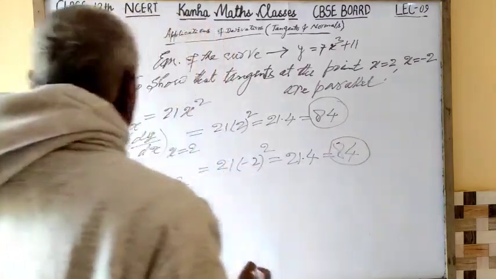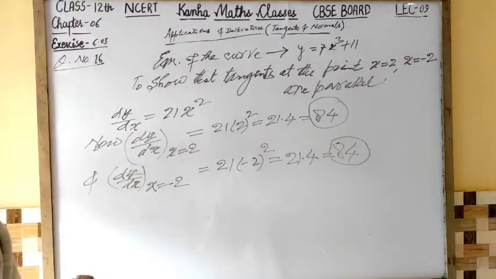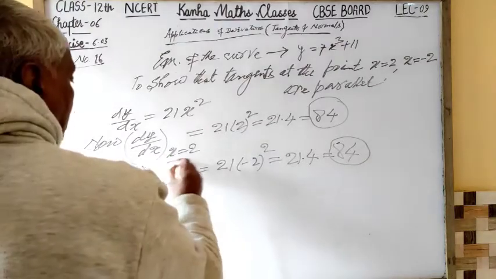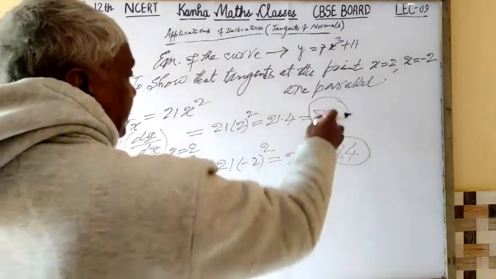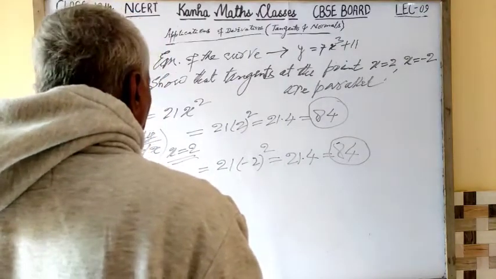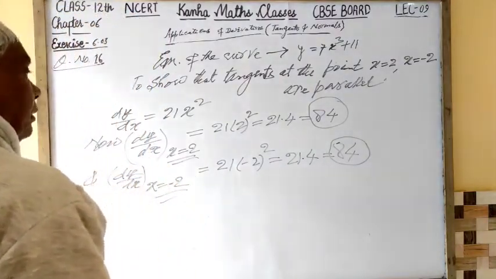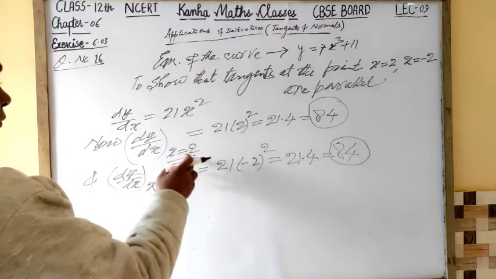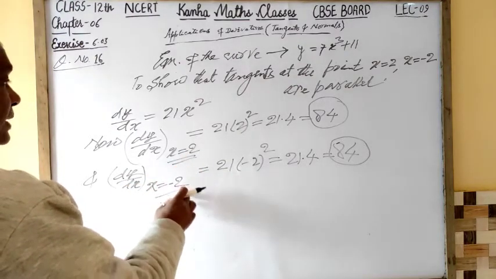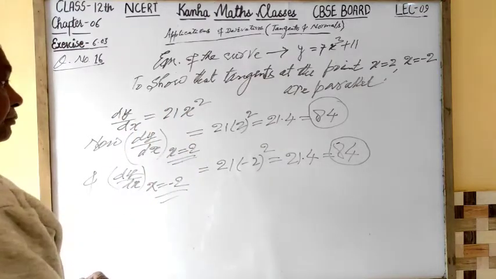We must observe that the slope of the tangents at the points x is equal to 2 and x is equal to minus 2 are the same, that is 84.